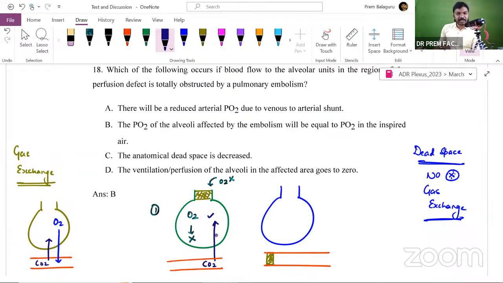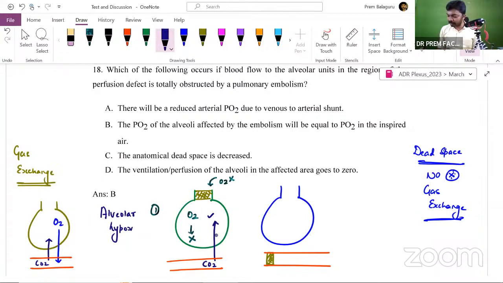Can you call this dead space? No. This is nothing but hypooxygenated alveoli, where there is not going to be any oxygen into the alveoli. So this represents alveolar hypoxia.